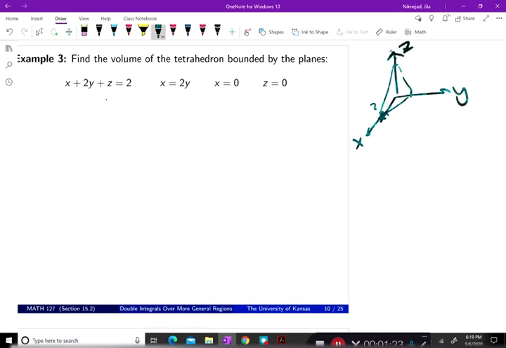Now there's another plane that is perpendicular to the xy plane because there is no z in there. And so this one looks like, x is equal to 2y, basically. X equal to 2y.